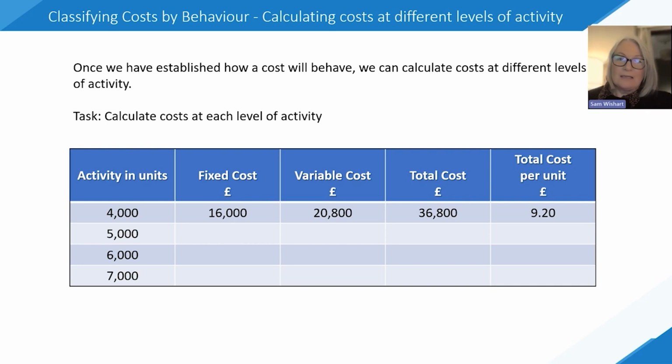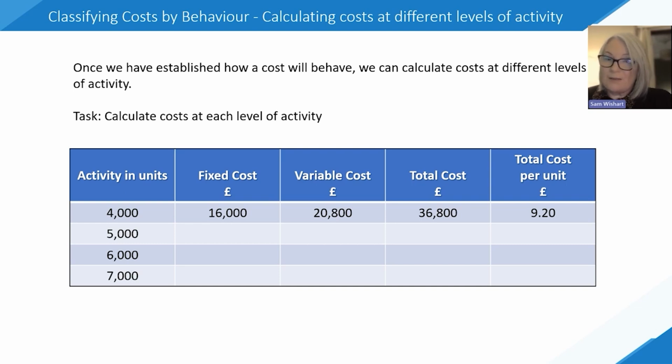What we've been given here is some cost information relating to different levels of activity. And we've been provided with the cost for 4,000 units. Okay, we can see there's a fixed cost there, a variable cost, a total cost, and a total cost per unit. So what you're required to do here is to provide the likely costs at each level of activity using your knowledge of cost behaviour to help you.